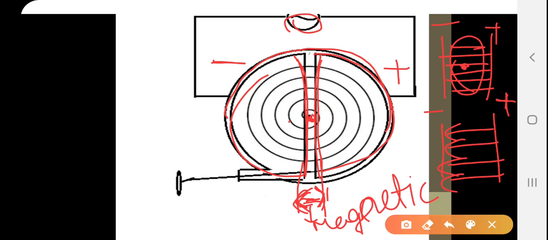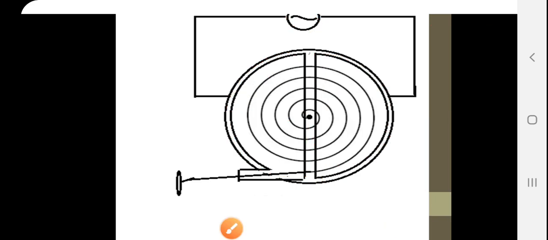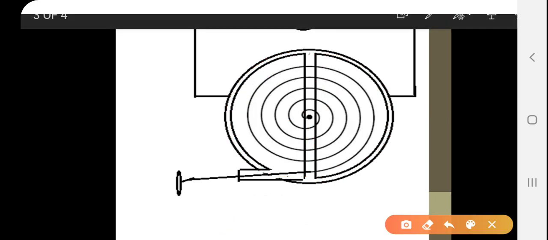If the charged particle is present in the electric field, now consider this as a positive terminal and a negative terminal, with the charged particle present between the terminals. Since there is a potential difference between the two terminals, an electric field will be created between this gap. So the electric flow will be in this direction.